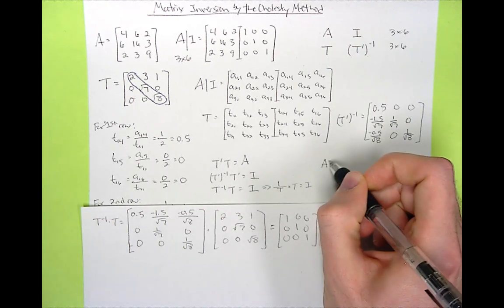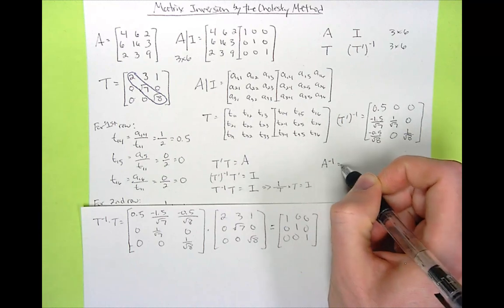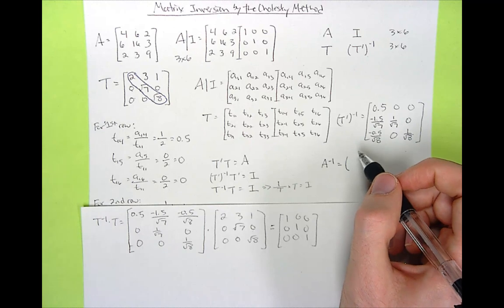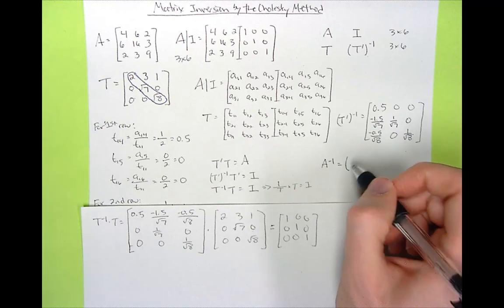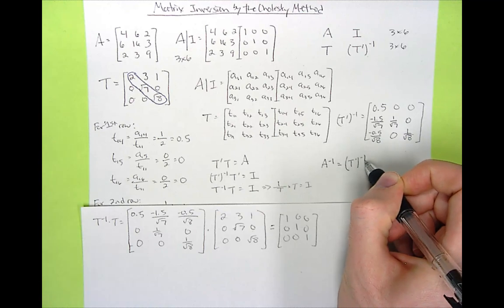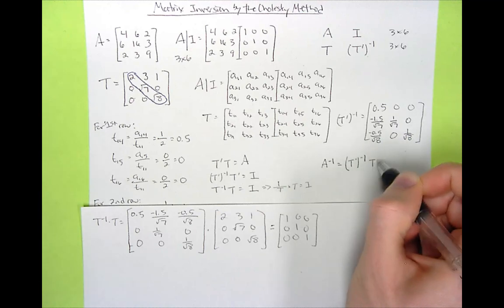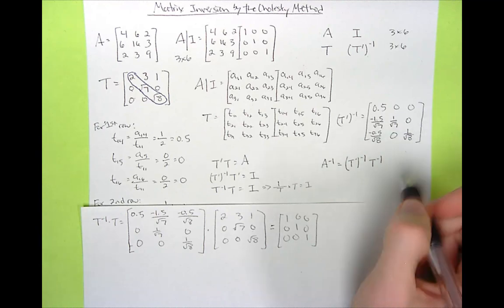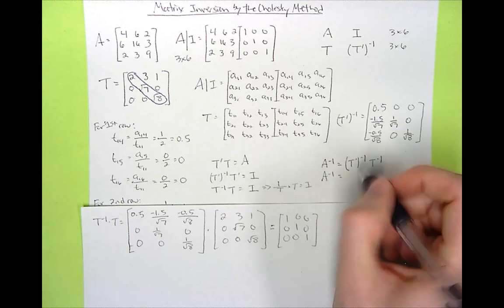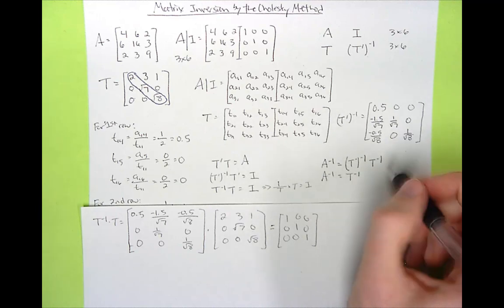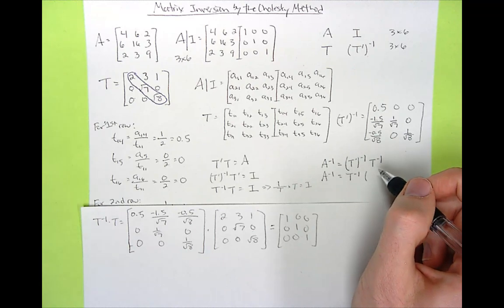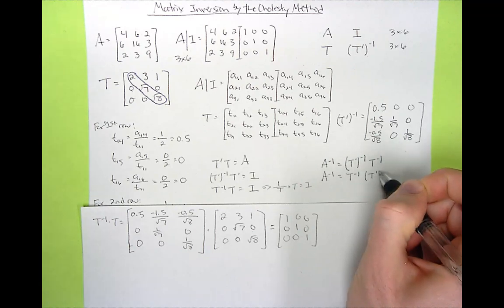We have the inverse of A equals the lower triangular inverse root matrix right here times the inverse of T, or equals the inverse of T times the lower triangular inverse root matrix, in either order.